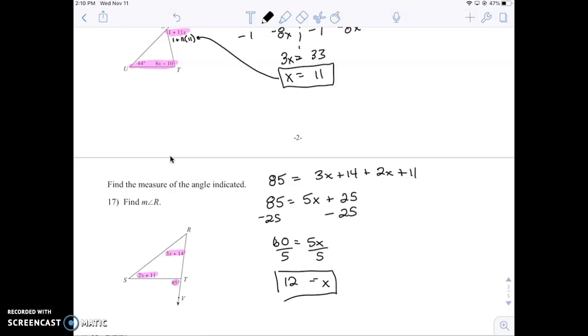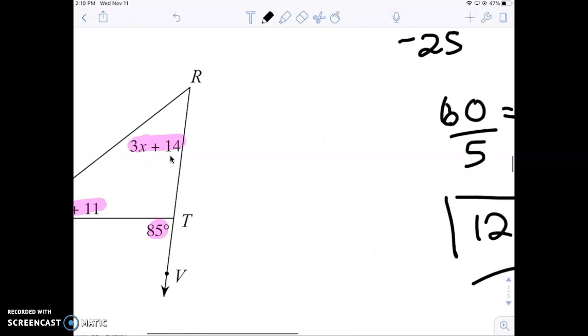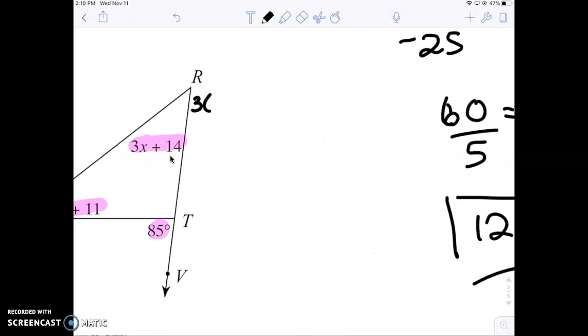I'm not done. It says find the measure of angle R. Okay, so R is 3x plus 14. X is 12, so 3 times 12 plus 14. And I'm actually using my calculator because it's the end of the day and my brain hurts. It's 50 degrees.